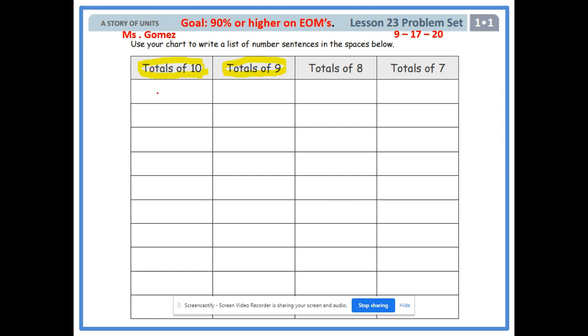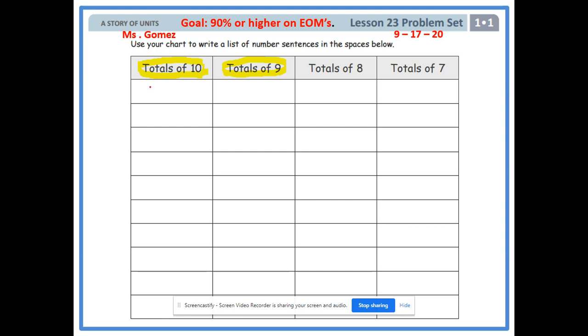Let's start. So for the totals of 10, well, you can use your chart that we just labeled today, right? To make things easier. We only did some expressions that equal totals of 10. But we're going to start in a pattern.